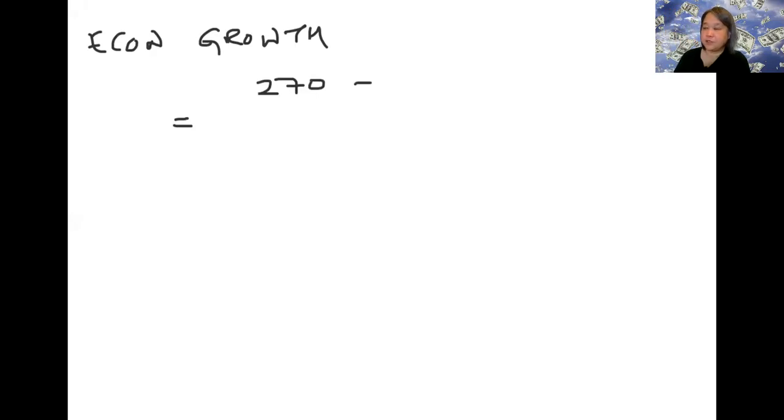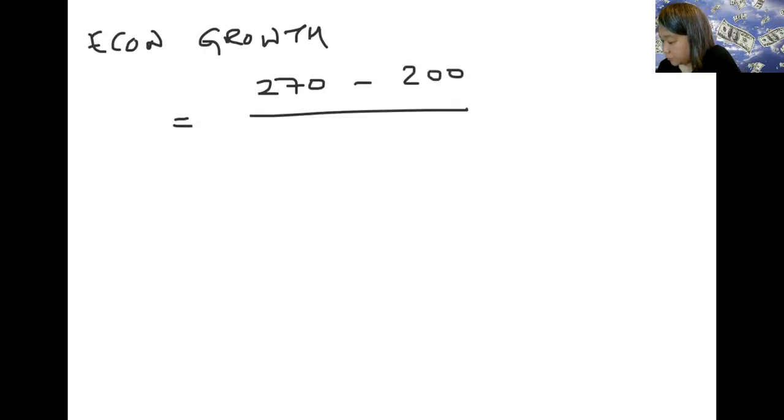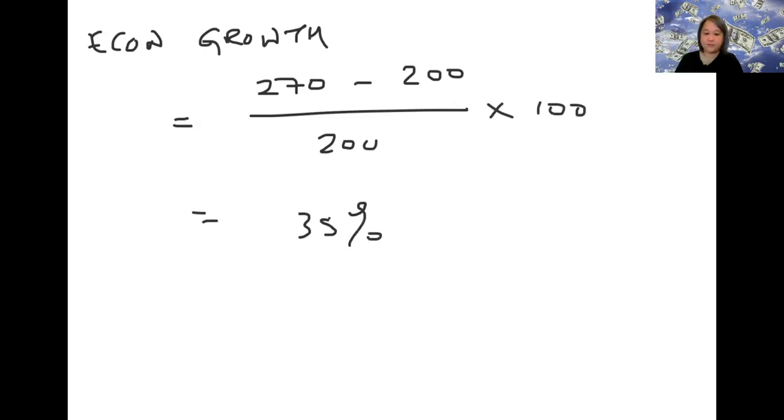Our real GDP from our last period, we're using our nominal GDP of 2002. Then we divide by our GDP from our last period, times 100. So we can figure out here that our economic growth from 2002 to 2003 is equal to 35%.